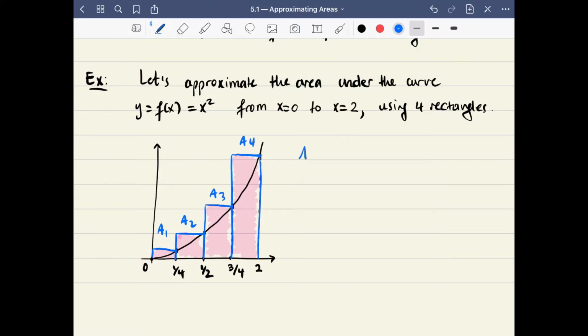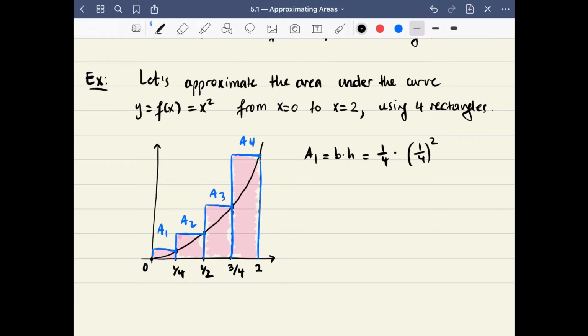Okay, so area A1 should be base times height. Maybe I should write this in black. Okay, let me erase this. So A1 is base times height, and then base is just 1 over 4 times the height is the value of this function at this point. So this is 1 over 4 squared.